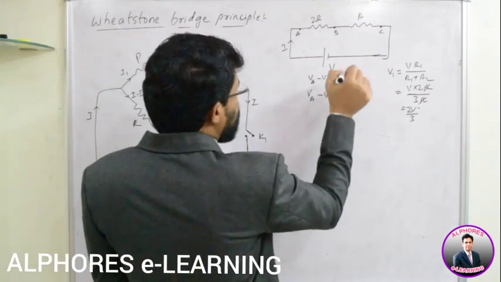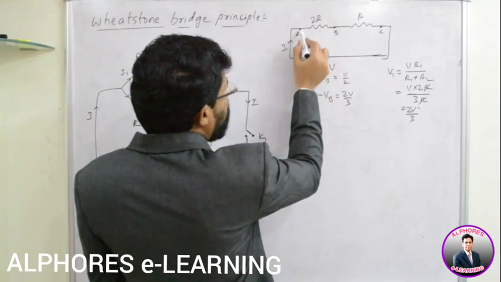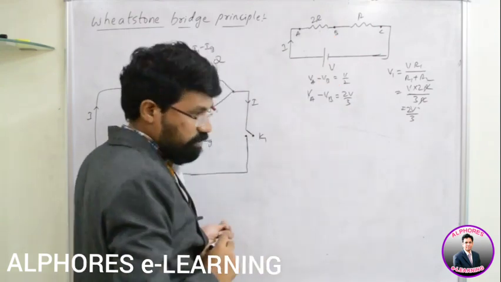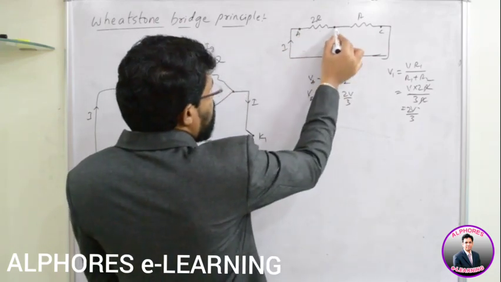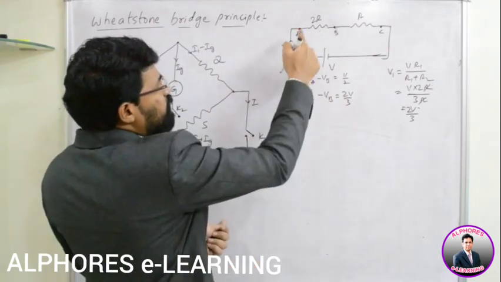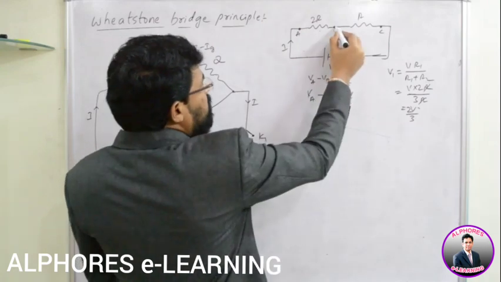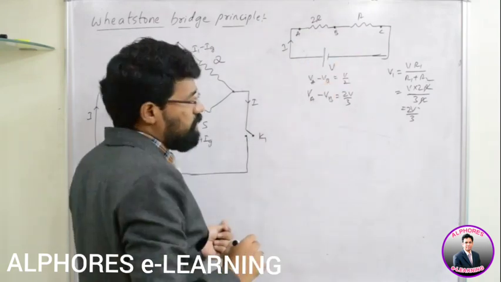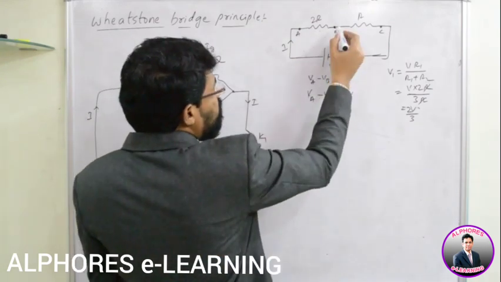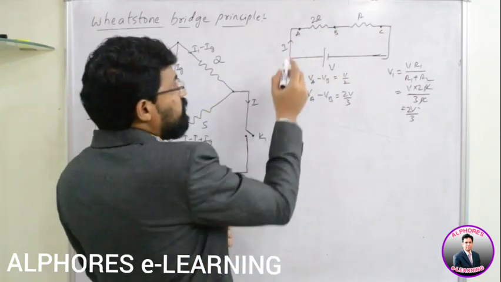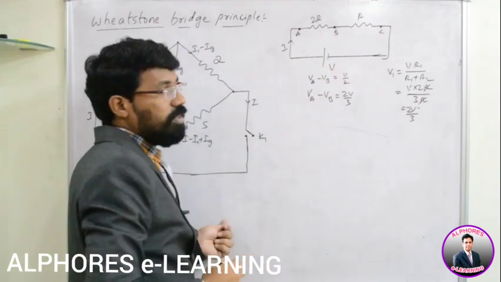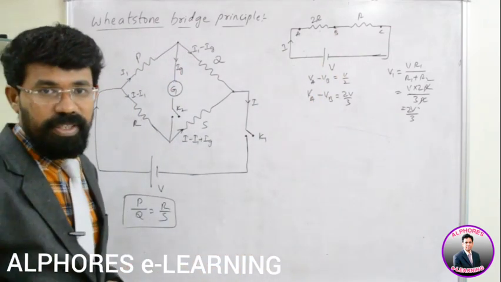This V by 2, earlier it is the potential difference between this point and this point. Now 2V by 3 is the potential difference between this point and this point. So what has happened when you have changed the resistance? Potential difference has changed. When the potential difference has changed, what does it mean? Potential at these 2 points has changed. Potential at point A, potential at point B are changed, isn't it?